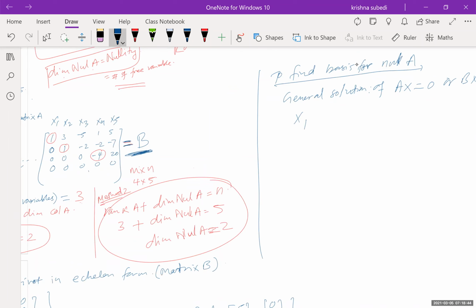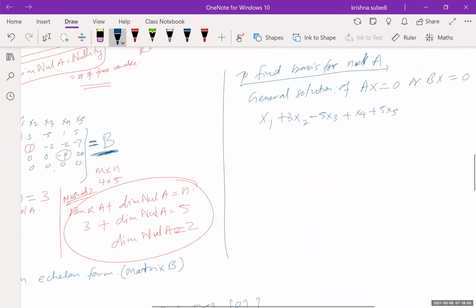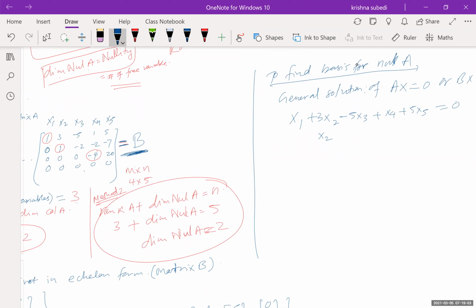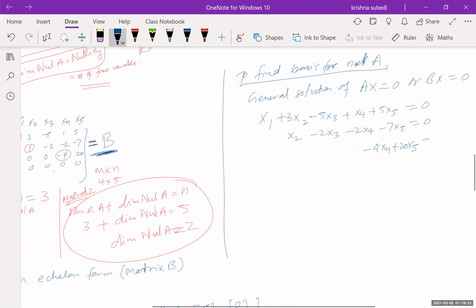So it will be x1 plus 3x2 minus 5x3 plus x4 plus 5x5 equals 0. And the second one will be x2 minus 2x3 minus 2x4 minus 7x5 equals 0. And the third one is minus 4x4 plus 20x5 equals 0.